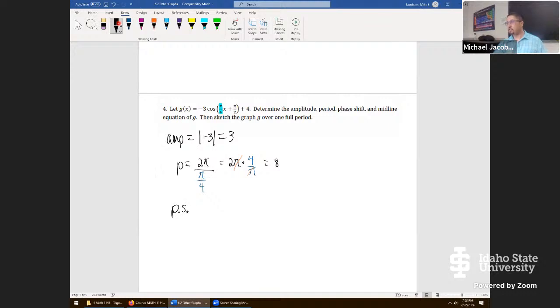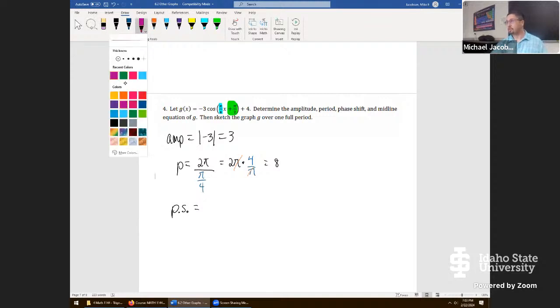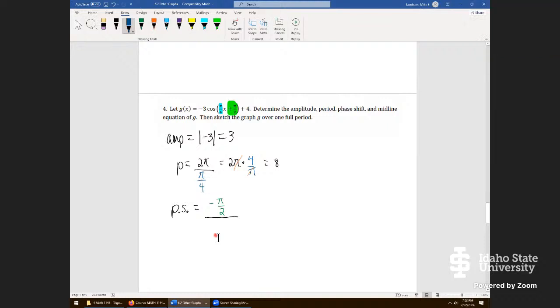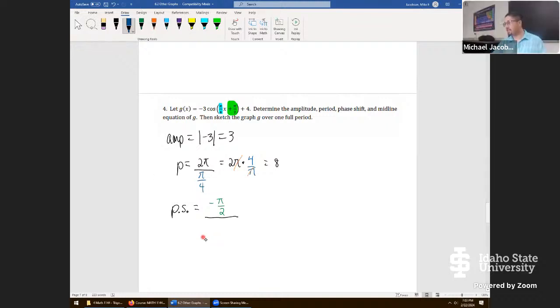Next thing we need is phase shift. And for phase shift, we're looking at this part of the function. We negate the sign, so it's going to turn into negative pi over 2. And beyond that, we still have to divide by something. Anyone recall what goes down below here again? It'd be pi over 4 again. Yep, once again, just throw that down there.